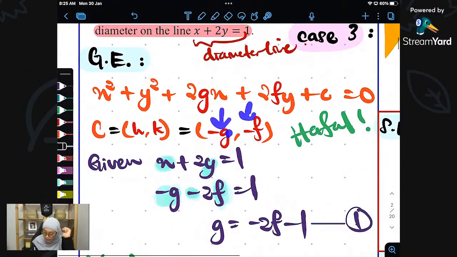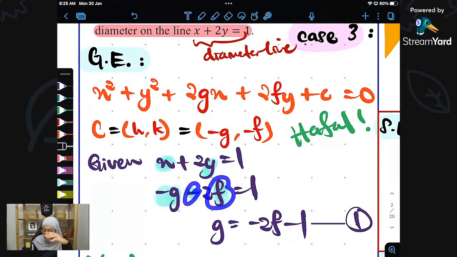I subs in this because this is sort of like x coordinate. Dia macam seolah-olah x coordinate, y coordinate. Saya masukkan coordinate negative g dan juga negative f ke dalam diameter line saya. Subs into the diameter line. Okay, that's what I'm doing.